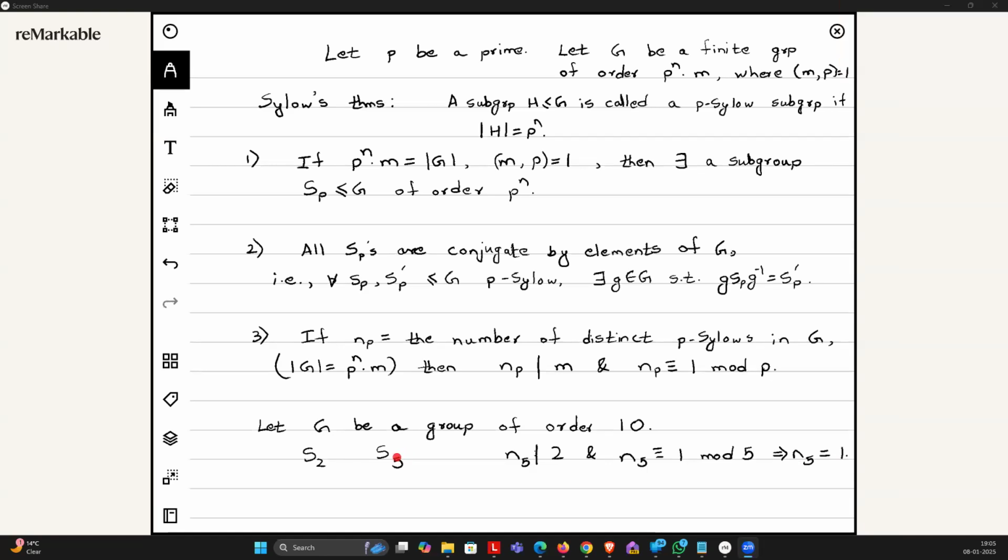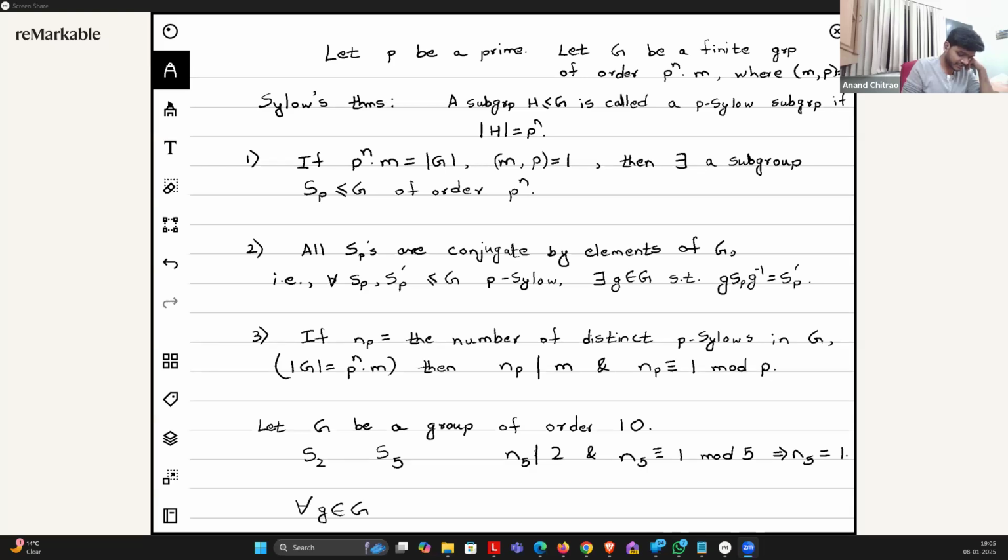The cardinality of G S5 G inverse, given any G in capital G, is the same as the cardinality of S5, but the cardinality of S5 is the largest possible 5 power which lies in the group. Therefore, G S5 G inverse, you can verify it's a subgroup and it is a 5-Sylow again.